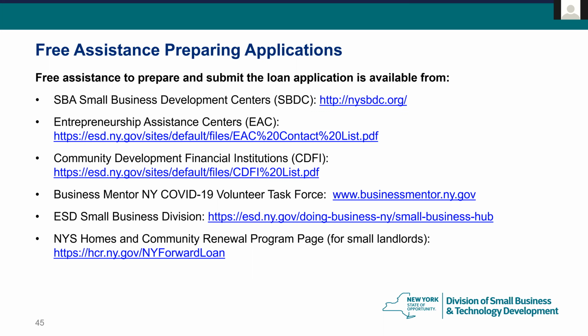Small business development centers around the state are more closely tied with the SBA programs. They are generally going to be at SUNY campuses around the state, and they're partially funded through the SUNY system, and they're also a terrific resource, especially for federal programs. Community development financial institutions that are not part of this group, again, these are non-traditional lenders.